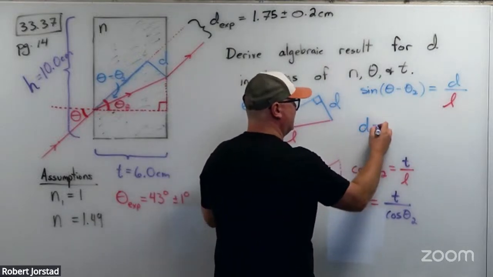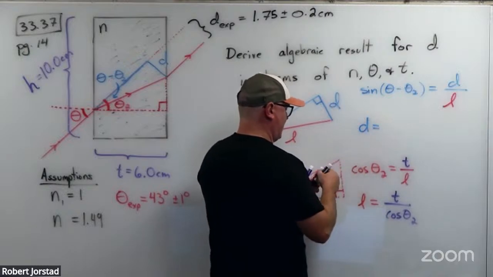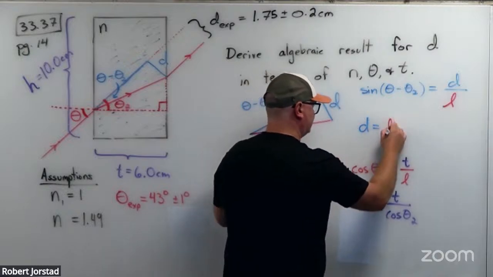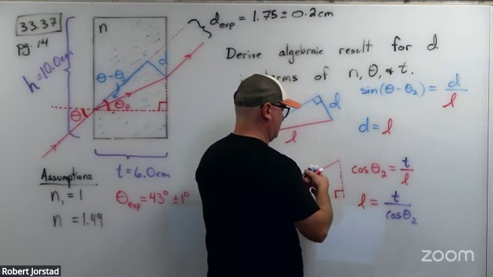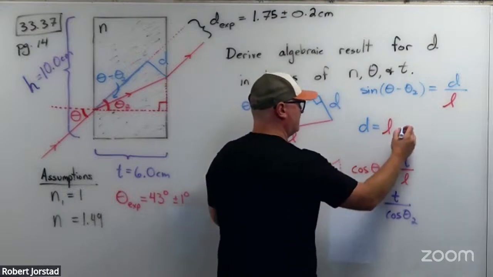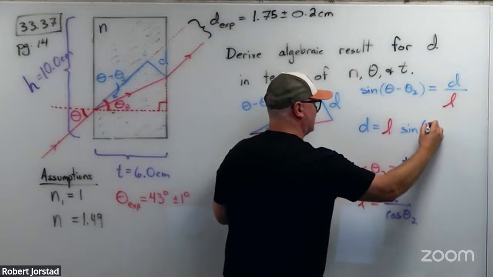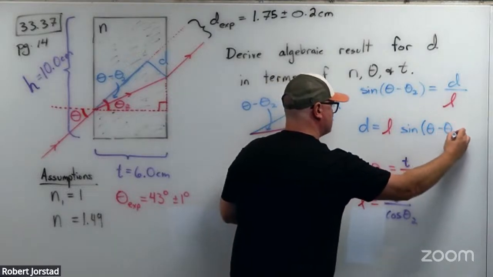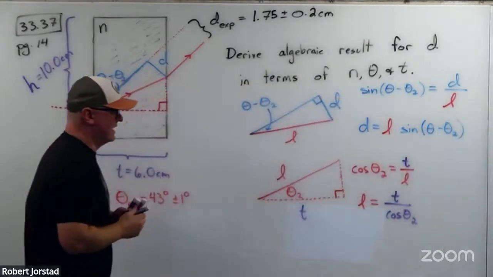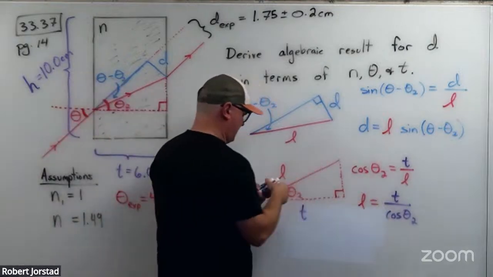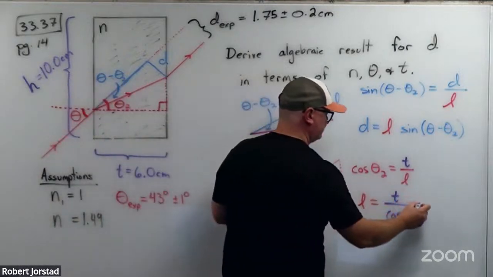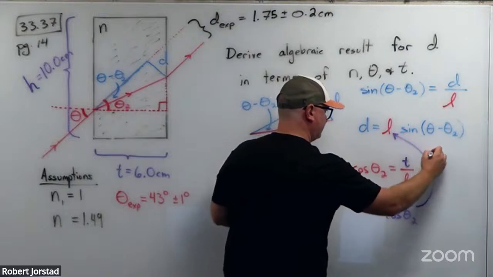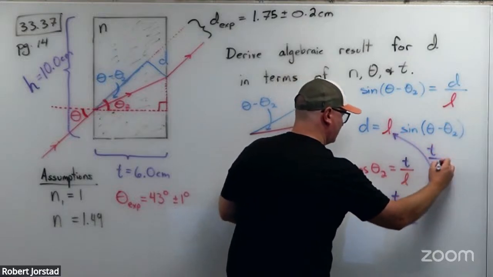D should equal L sine of theta minus theta 2, and now you could take this and plug it in there.